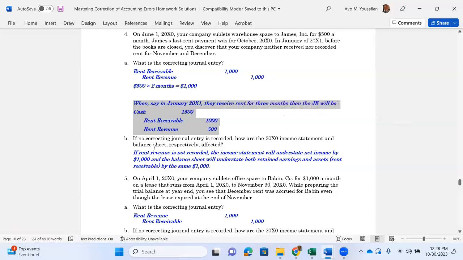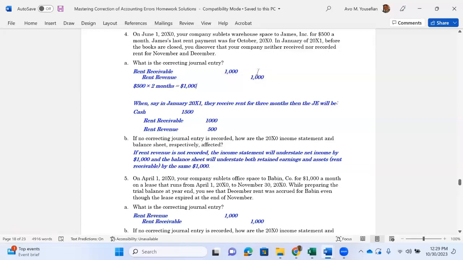And section B says, if no correcting journal entry is recorded, how will the 2020 income statement and balance sheet be affected? So let's go one by one. If you don't record the rent receivable, your asset will be understated in the balance sheet. If you don't record the rent revenue, then your revenue will be understated in the income statement.